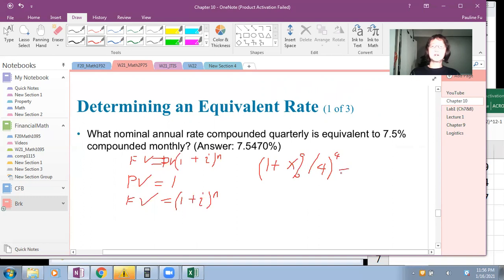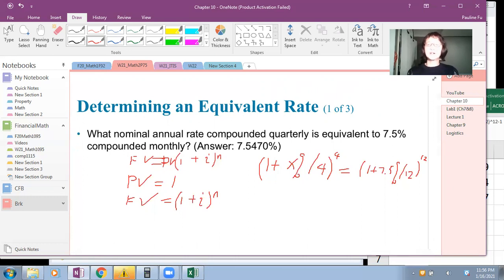Equivalent means equal. 7.5% compounded monthly equals 1 plus 7.5%, compounded monthly means divide by 12 and then raised to power 12. So here we have one equation, one unknown. We can solve for this x.